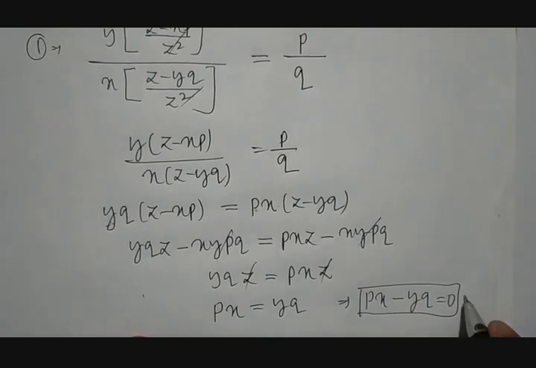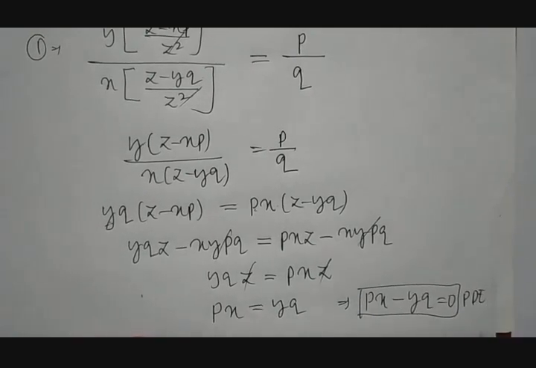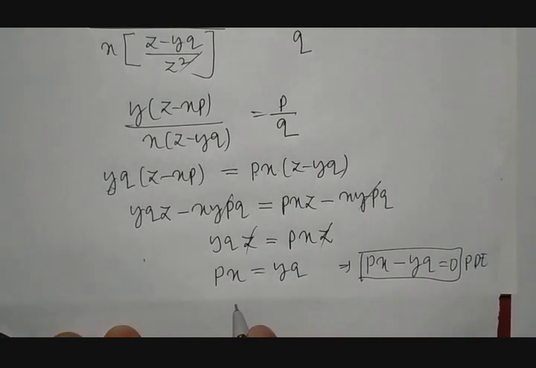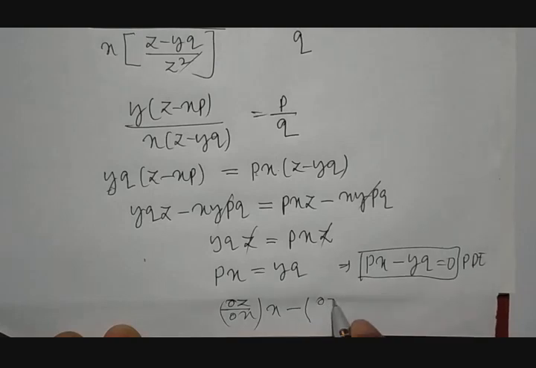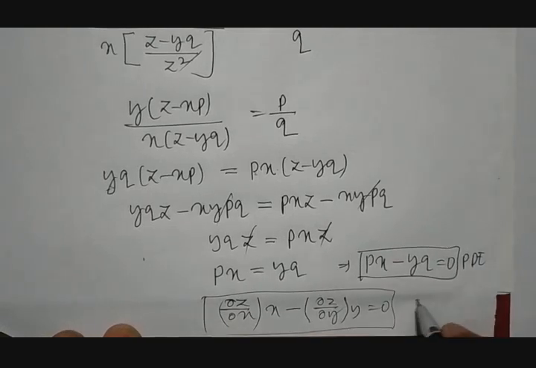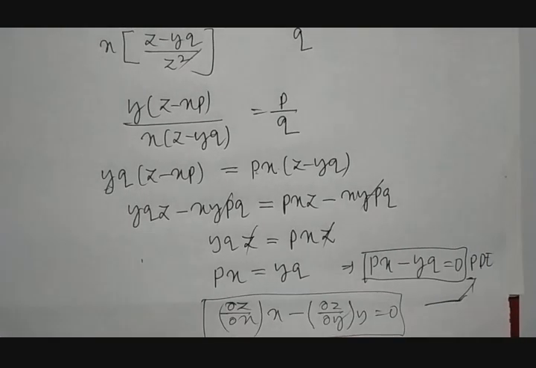Therefore, this is the required partial differential equation, or else as per the notation, dou z by dou x into x minus dou z by dou y into y is equal to 0. So this becomes the required partial differential equation.